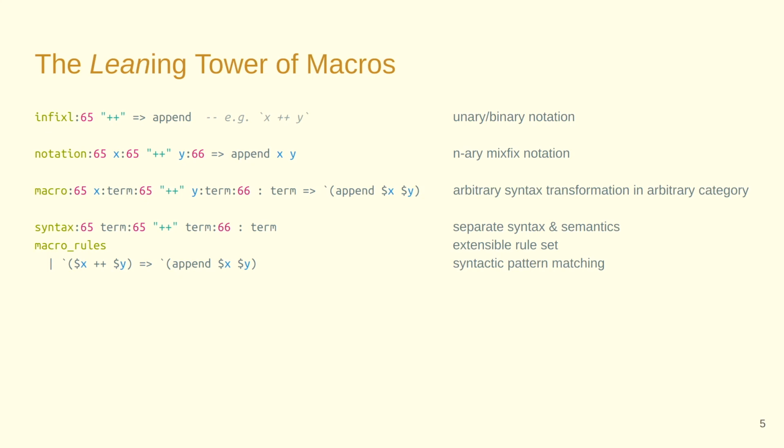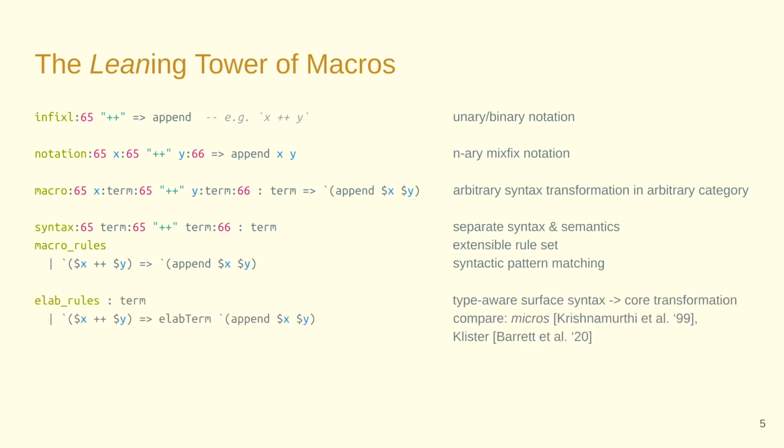All right, the last level I just want to tease. The fun thing about macro rules is that you can in fact add more rules to an existing syntax at any point in Lean, so it has a kind of extensible macros this way. Okay, last level I just want to tease.